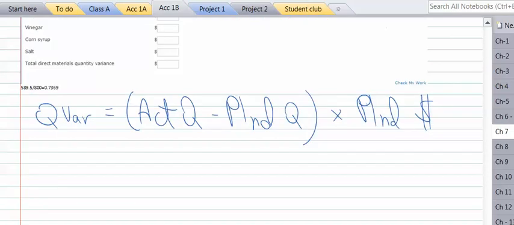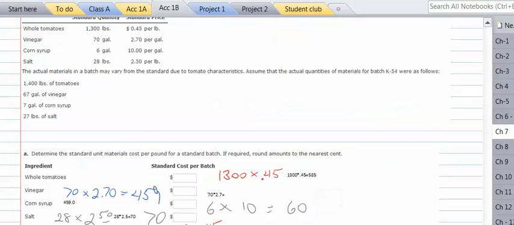So I plug those numbers in. Actual quantity, 1,400. My planned was 1,300. And we can see that's going to be unfavorable because we're using more than we planned. I'm going to multiply that times my planned price, which is 45 cents.